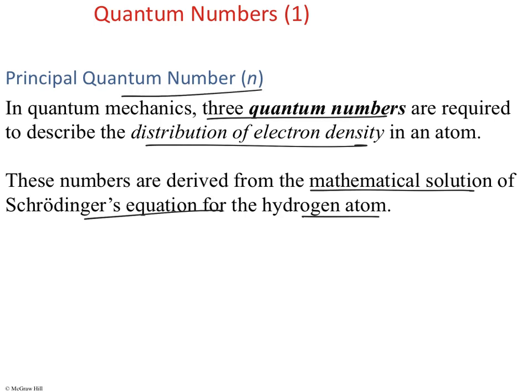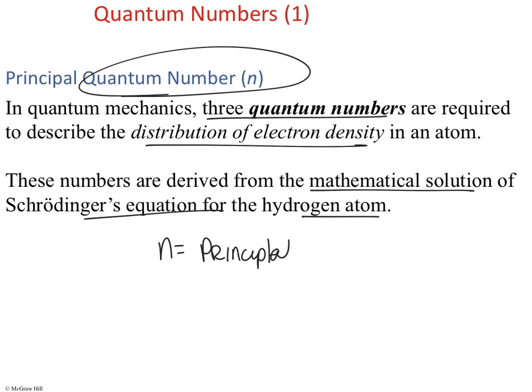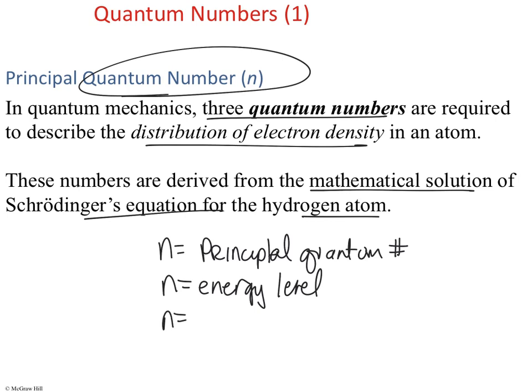They're derived from the mathematical equation from Schrodinger's equation for the hydrogen atom. And so n is the principal quantum number, and I call it the energy level. And like I said, these are whole numbers, so you can't have n equals 0; n equals 1, n equals 2, n equals 3, n equals 4.